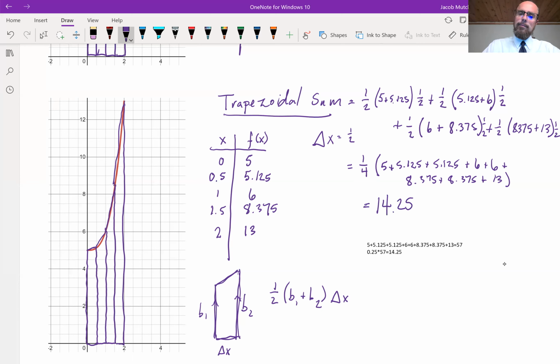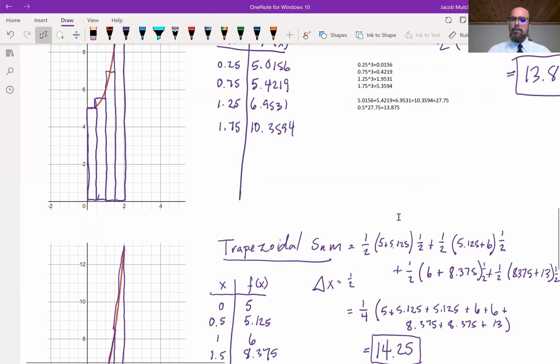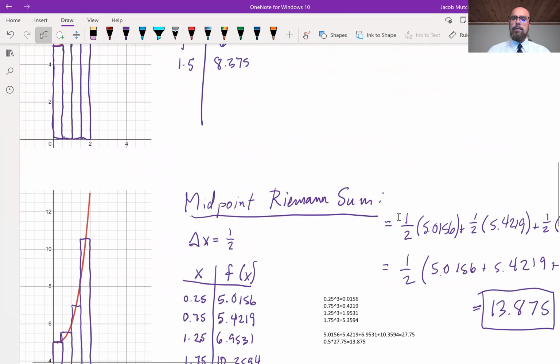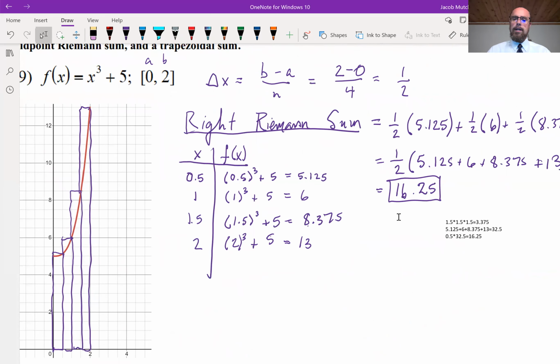So again, we want to compare with the others, really with the midpoint, because we saw that the midpoint Riemann sum was in between the left and the right approximations. So when I compare this, as a trapezoidal sum, it's between the midpoint and the right Riemann sum.